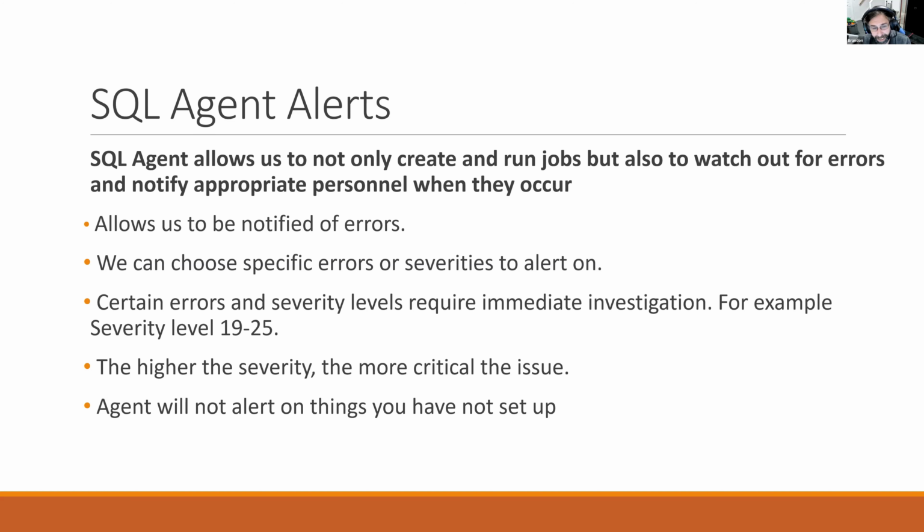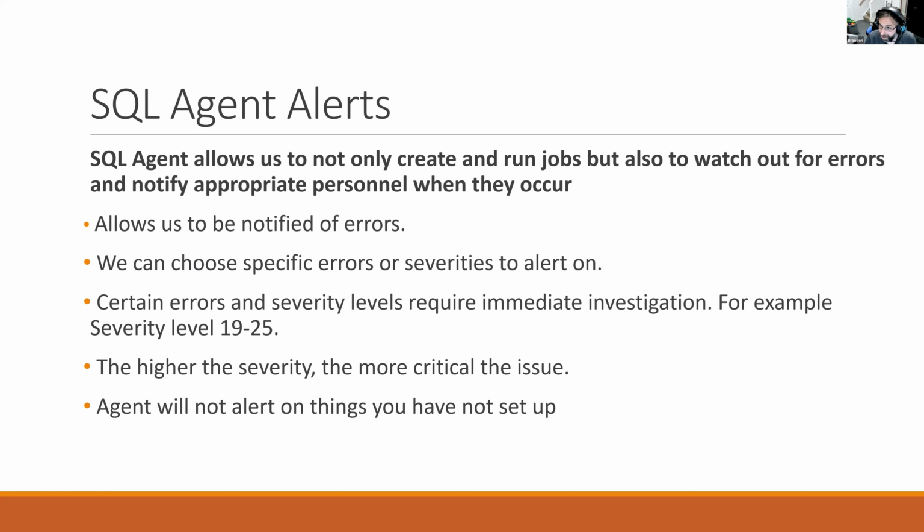We don't have to list every single error number. But also, if there are specific errors you care about, whether it's for corruption or you just want to know when a user gets that error number, you can set that up. And in fact, I do one of those. I monitor for error 666 because I've hit it in production and I never want to hit it again.